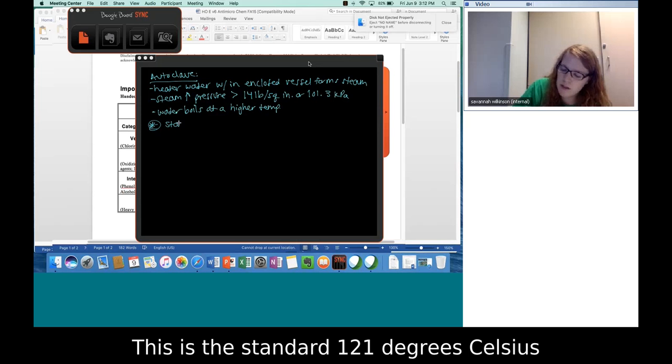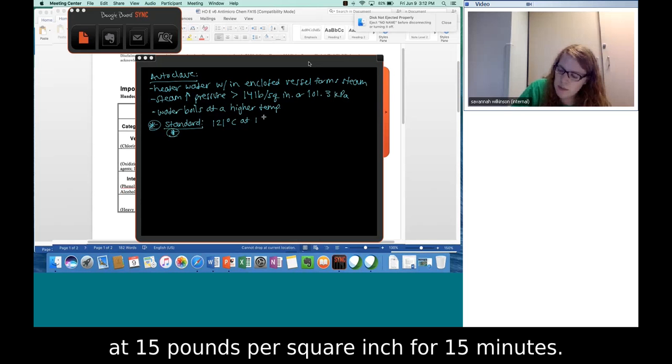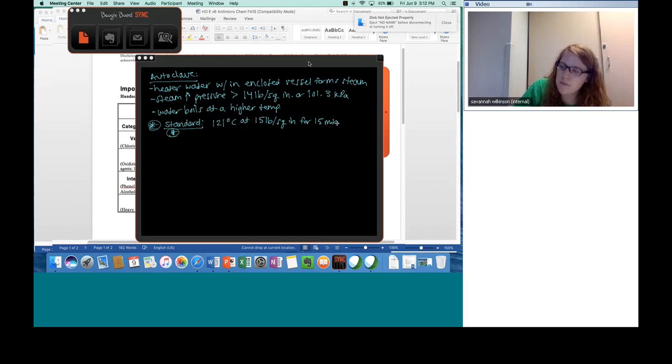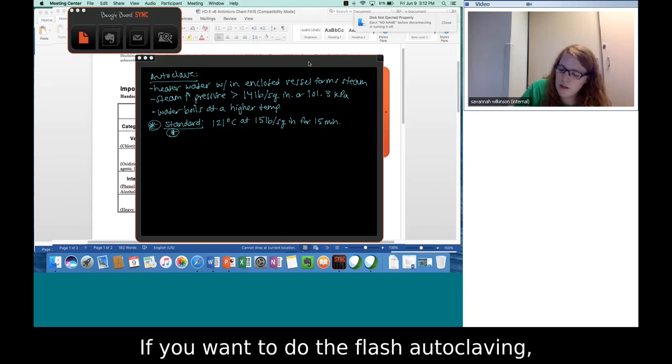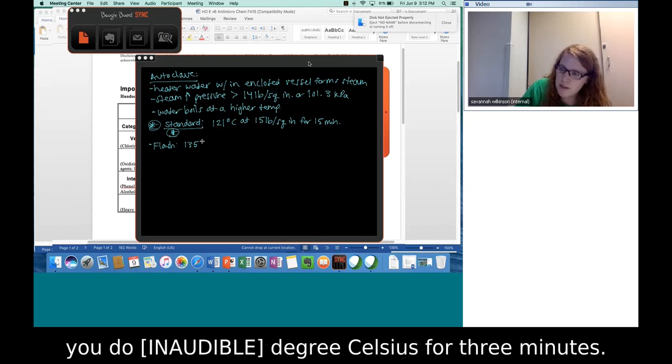You definitely need to know this, the standard: 121 degrees Celsius at 15 pounds per square inch for 15 minutes. If you want to do flash autoclaving, you do 135 degrees Celsius for 3 minutes.